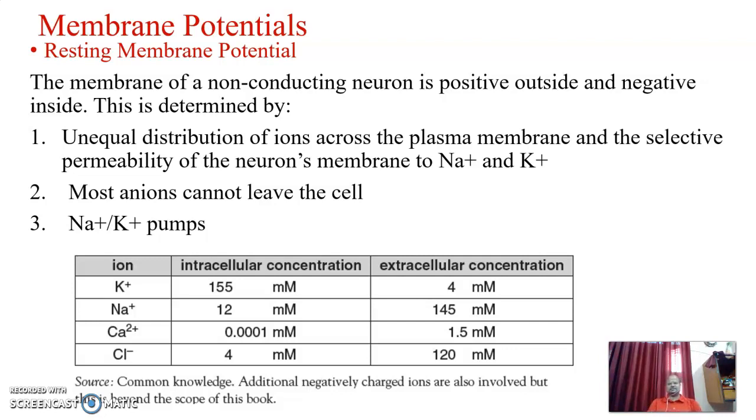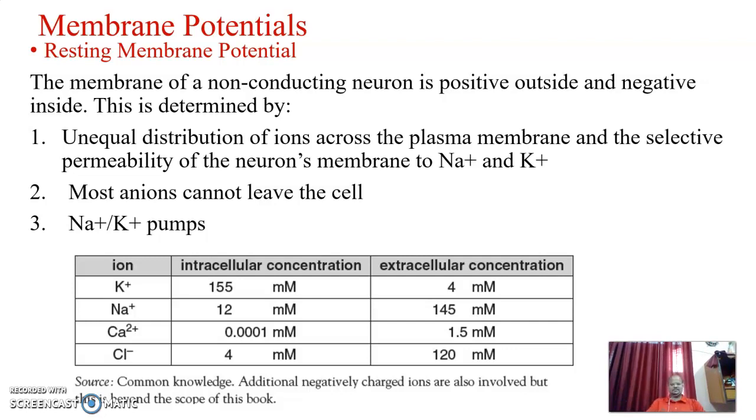Then, what are the reasons for the development of this charge? There are three major factors which contribute to the development of the charge on the membrane. One is the unequal distribution of ions across the plasma membrane and the selective permeability of the membrane for sodium and potassium.